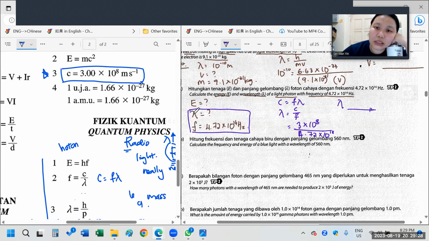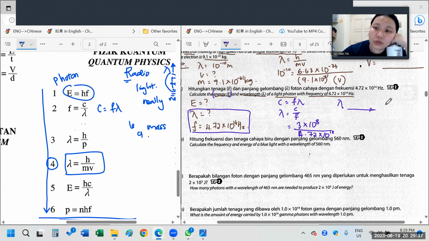And how about E? Energy actually means photon here. So you can use HF, see number 1 and number 5. You can use HF or HC over lambda, or E equals HF.